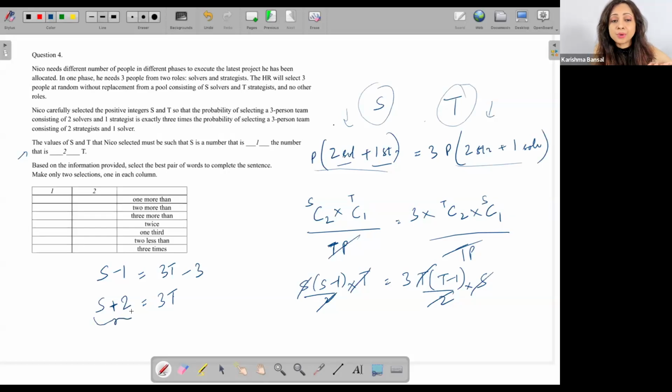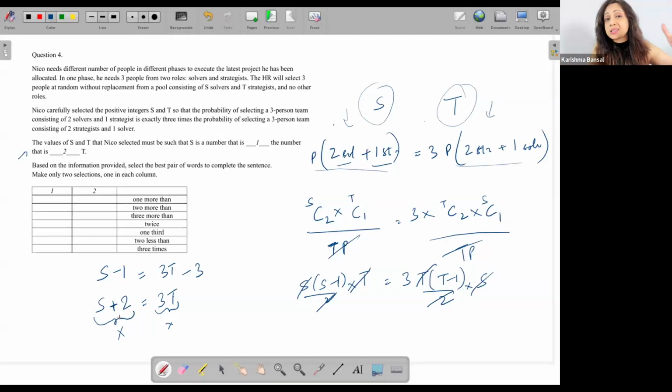I am given S plus 2 is equal to 3T. Just think about it: I say this is equal to X and this is also equal to X, since I'm equating the left-hand side with the right-hand side.